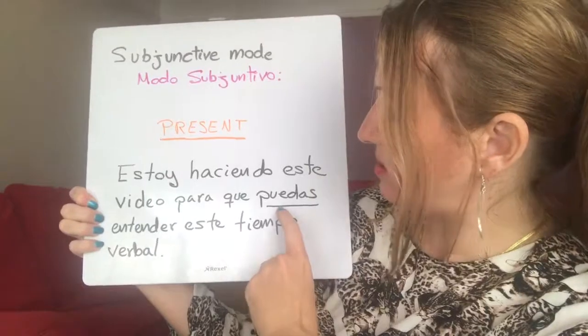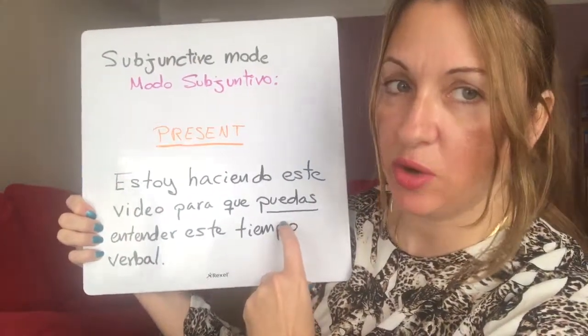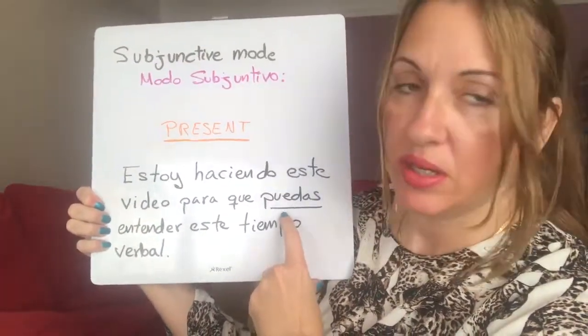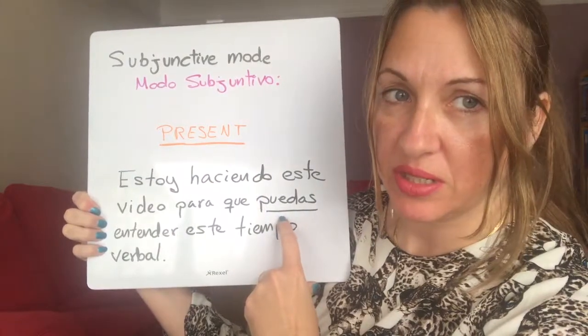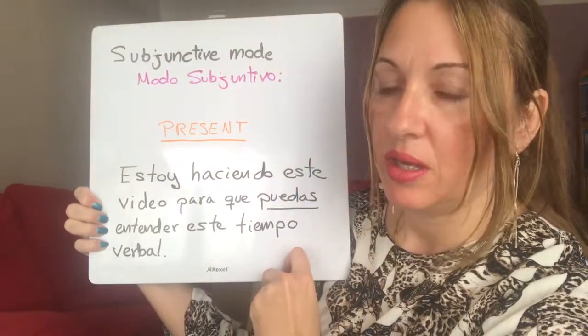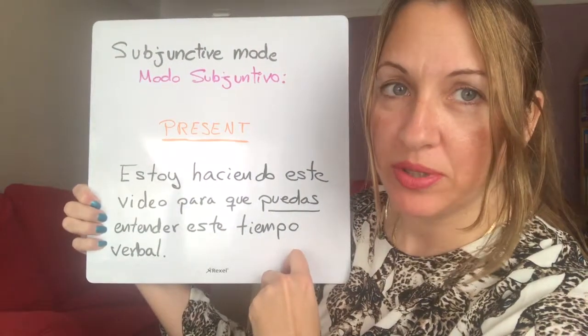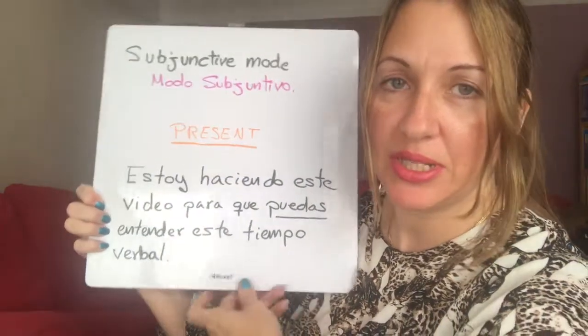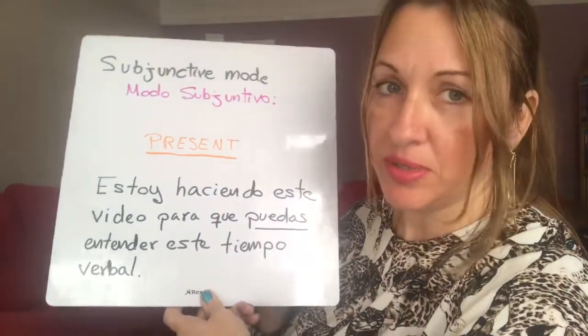So the "puedas," because this is the hope, is going to be in the present tense of the subjunctive mode for that reason. Okay? And I really hope this wasn't too complicated and that it has helped to some degree.